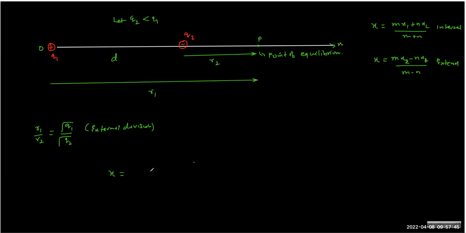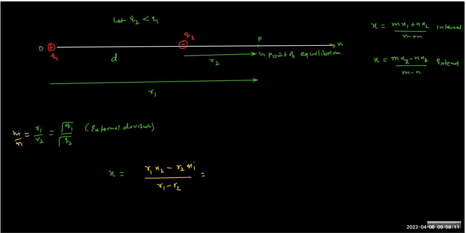Or you can remember it this way, like the ratio is r1, so r1 into x2 minus r2 into x1, right? Like this we can write normally. This is like m is to n, right? Yes, sir.